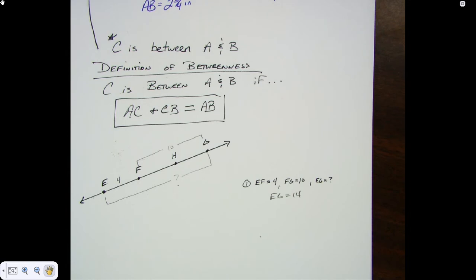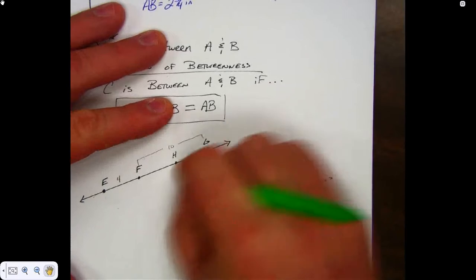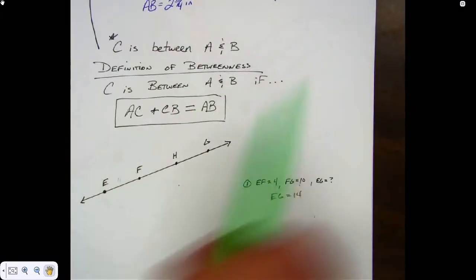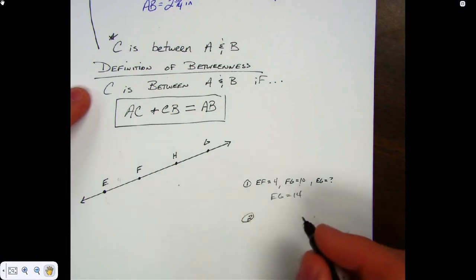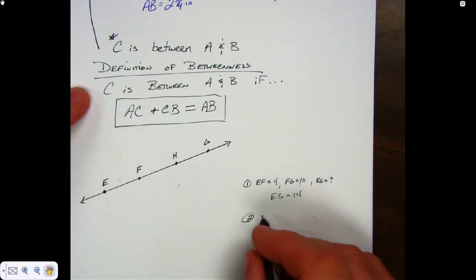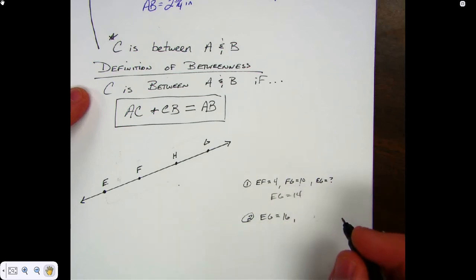How about I see if I can confuse you at all? E to G is equal to 16. HG is equal to 4.